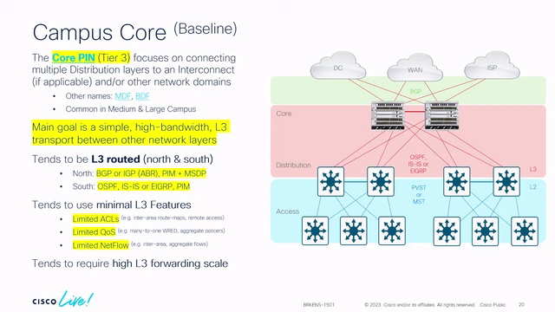So the first thing I talk about is what is it even trying to do? The core, particularly in a 3-tier, its job is just connection. It is a dumb layer 3 cross connect. That's its goal, right? I have a lot of distribution layers fanning out to all these access layer switches. Its job is just to get packets from point A to point B, okay?